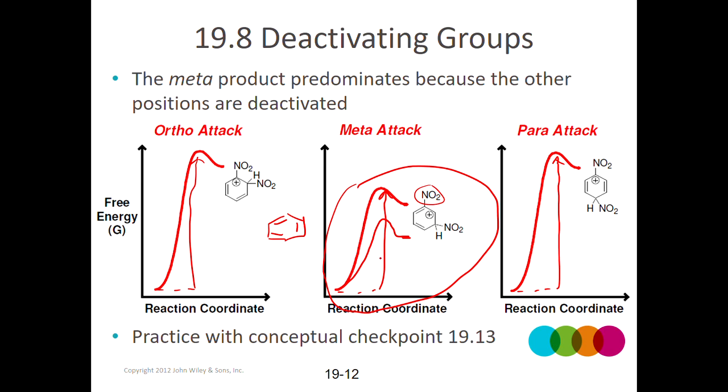And so even though the meta attack occurs more often than the ortho and para, it still doesn't occur very often, and it still occurs less often than the reaction would occur if there were no substituents on the ring. And that's because the nitro group withdraws electrons. It attracts electrons out of the ring through induction and through resonance, creating partial positives on the ring at those positions specifically.